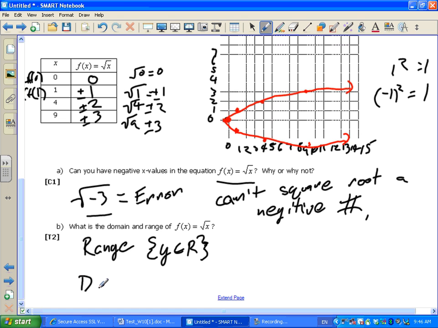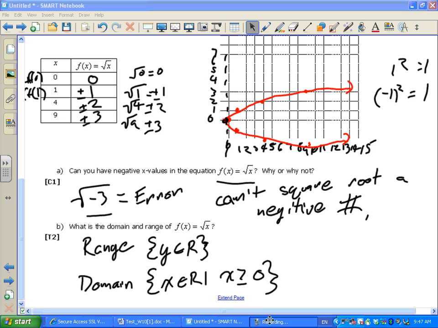Now, our domain is what's different. Normally our domain is every real number, but in this case, if you notice, our domain only goes up to 0. So x is every real number such that x is greater than or equal to 0. It's a little different from our parabolas, if you guys remember from the earlier page.